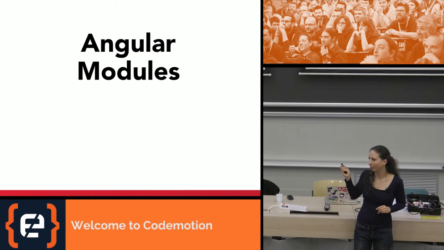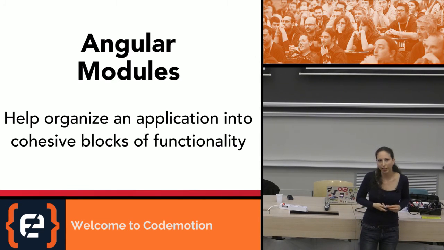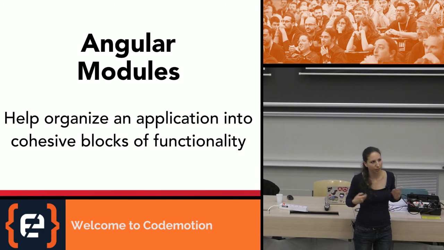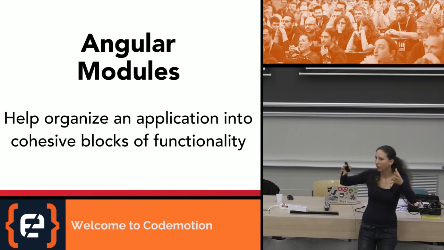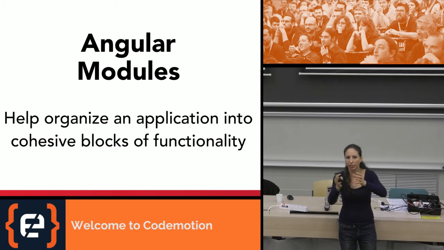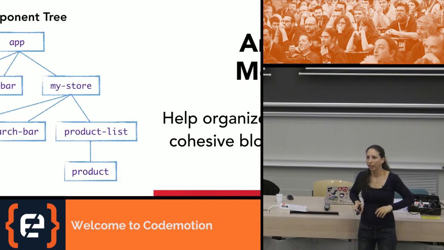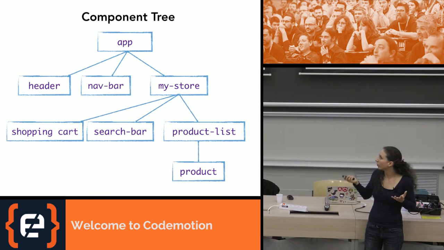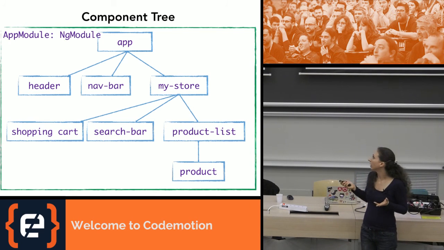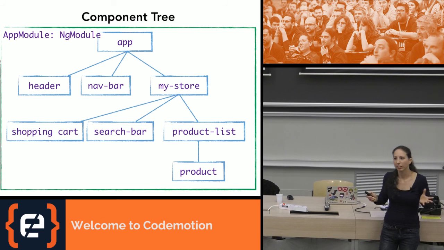We've got about a minute left, so I'll just talk quickly about modules in Angular. Modules help you organize your application in blocks of functionality. So, for example, in our application, first of all, the whole component tree will be in one root module.